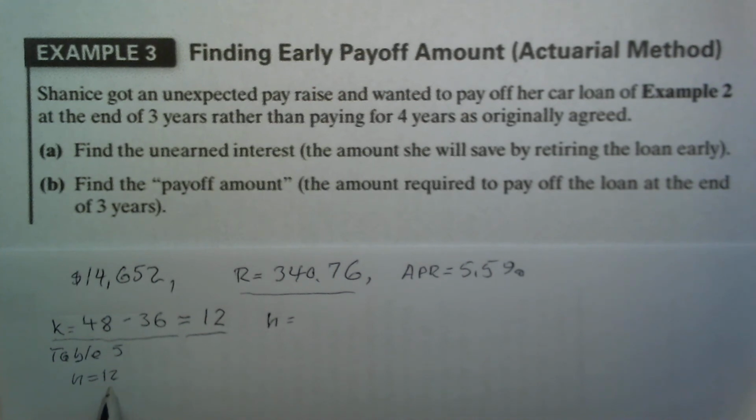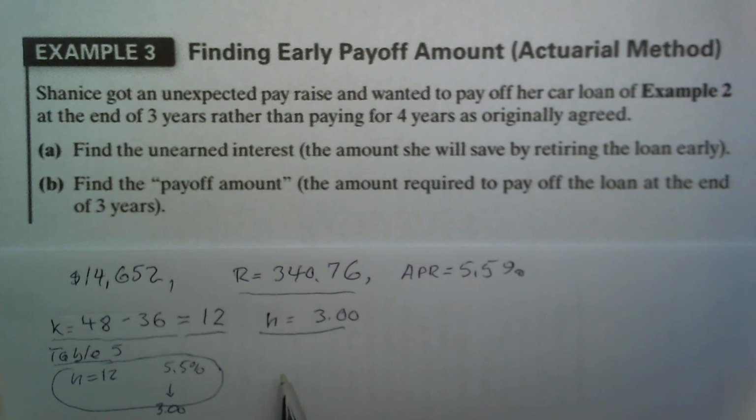And then on top, we go to an APR of 5.5%. When we look down at n equals 12 and APR of 5.5%, we find that this is equal to $3. So in other words, H equals $3.